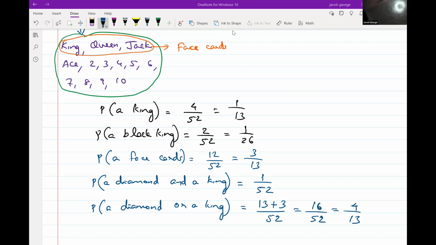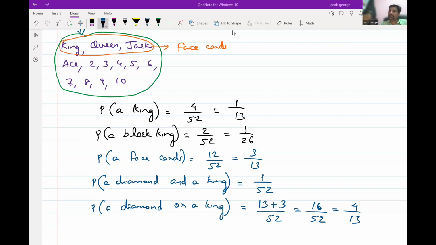I repeat, diamond or a king means we have to take the total. If or is the connecting word, we take the total but avoid the common one. The repetition should be avoided. Diamond 13 cards are there, kings 4 are there, but 1 king is already counted with the diamond.